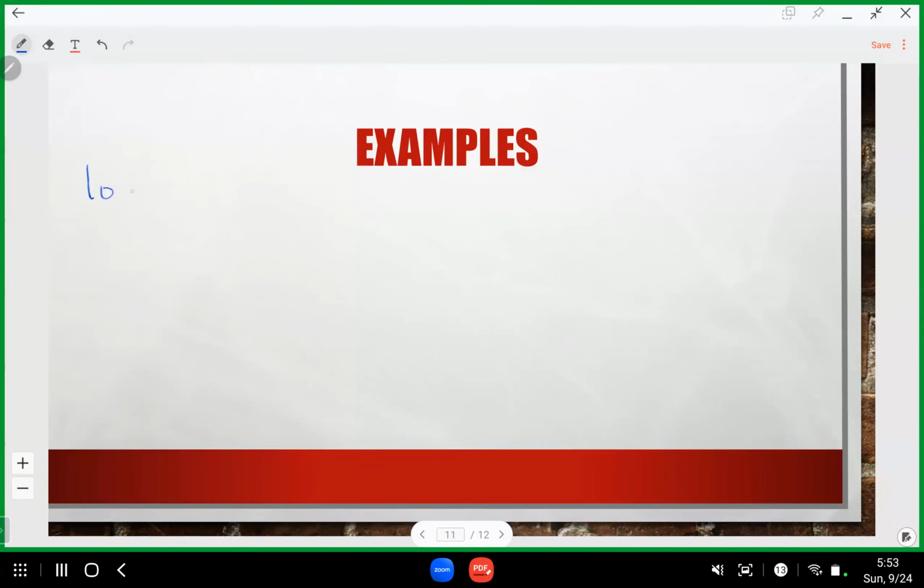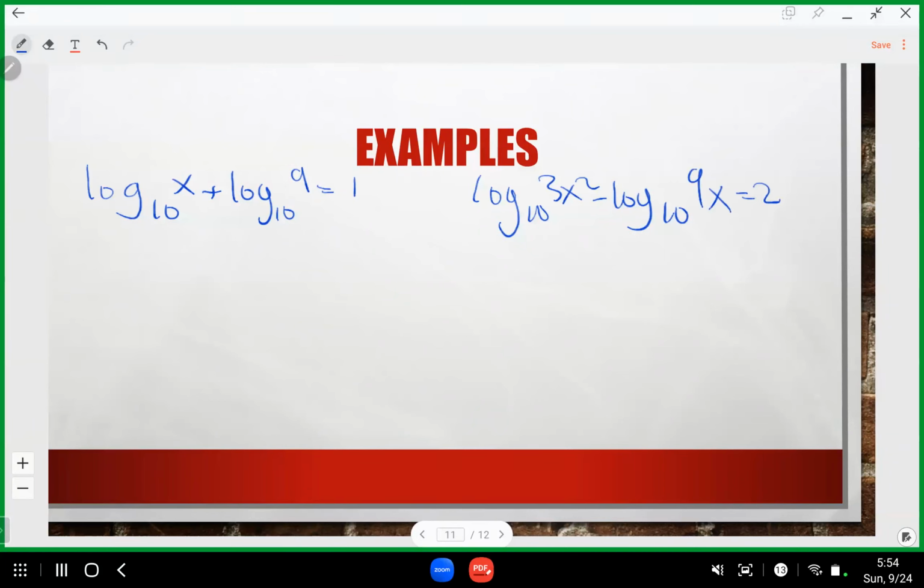Log 10 of x plus log 10 of 9 is equal to 1. Or log 10 of 3x squared minus log 10 of 9x is equal to 2. Okay. So I'm going to give you like 5 more minutes to do these, and then we'll go over these.